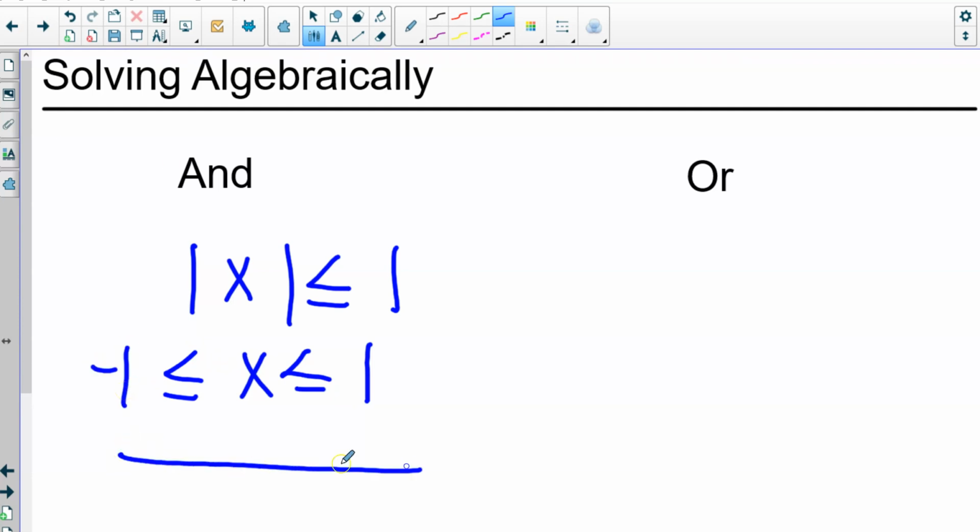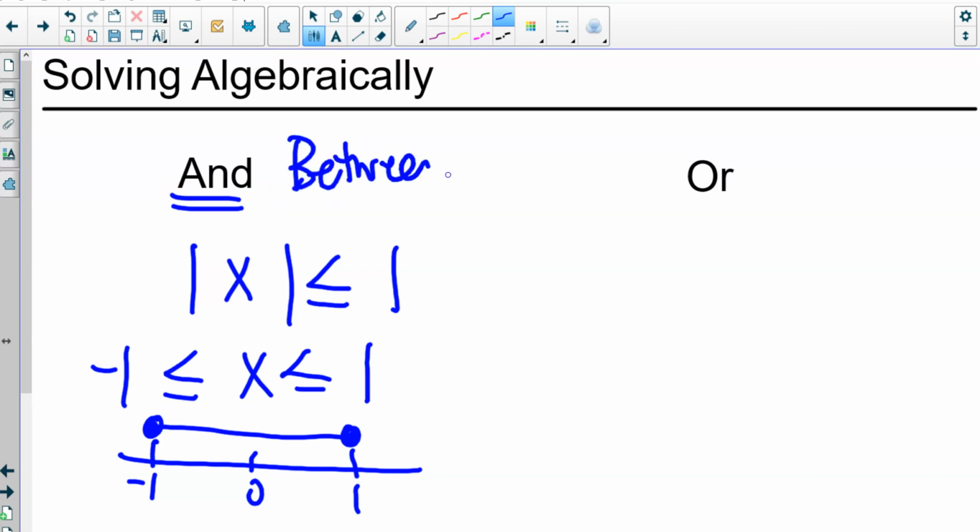Now on a number line, what that looks like is here's -1, here's +1. The values of x can be between -1 and +1. This is an example of an AND inequality, or what we sometimes call between, because the values for this absolute value inequality end up being between two numbers.